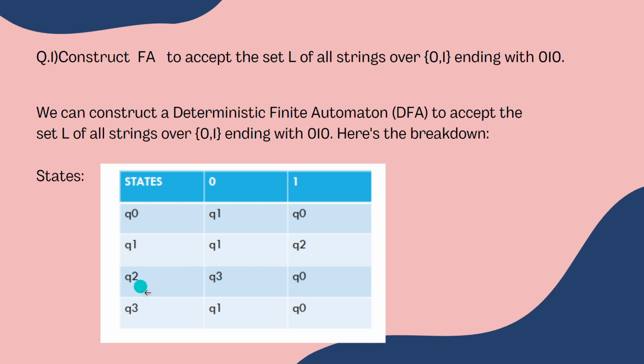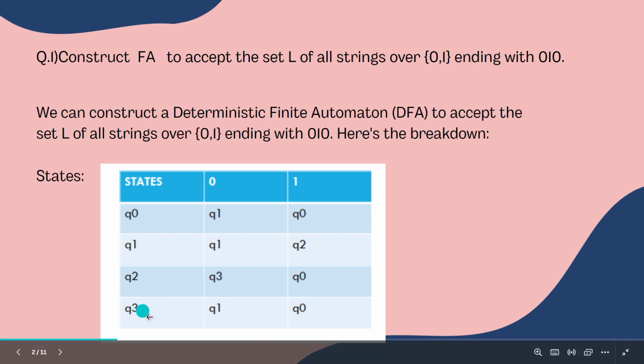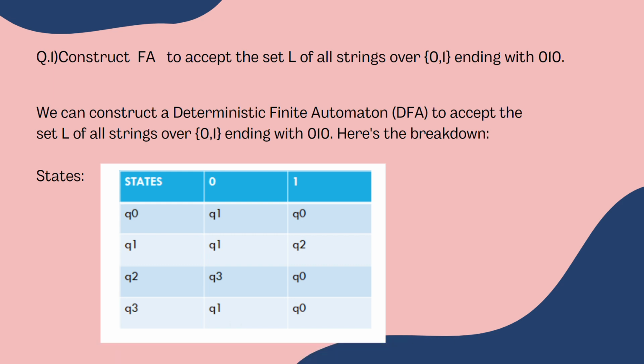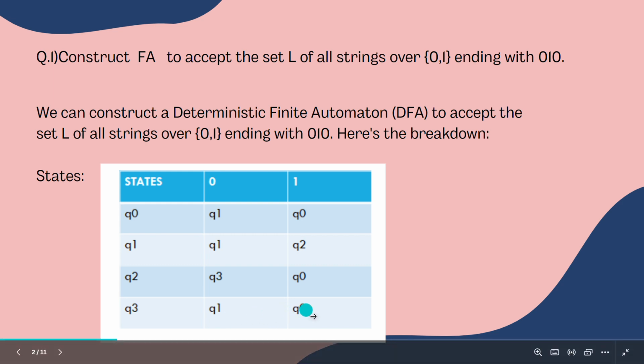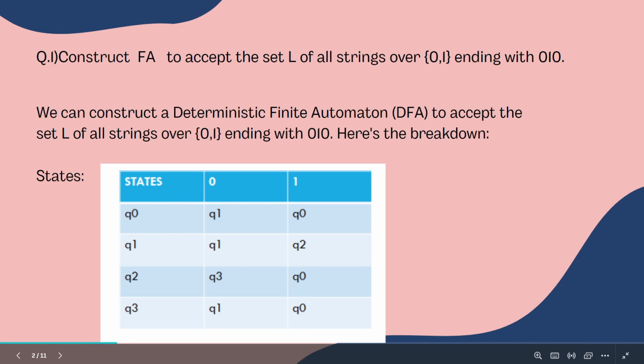Then our next state is q2. If our input is 0, then we go to the next state, that is q3, and if our input is 1, we go back to q0. And if our state is q3 and input is 0, we move back to q1, and if our input is 1, then we go back to q0.